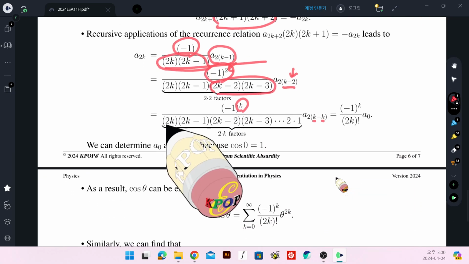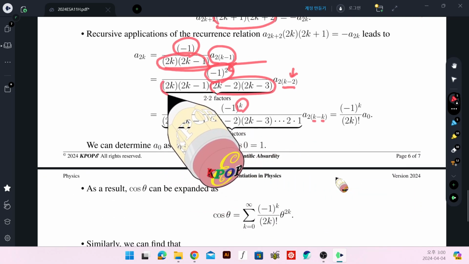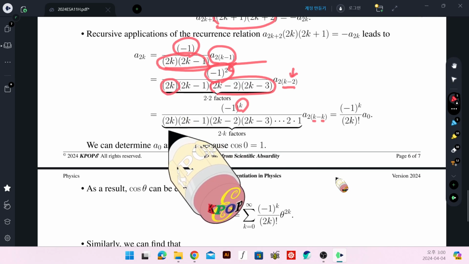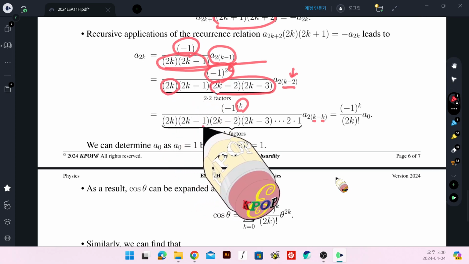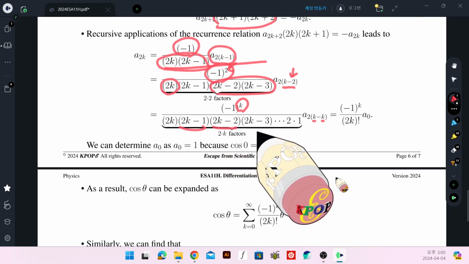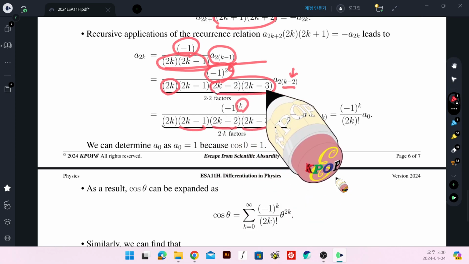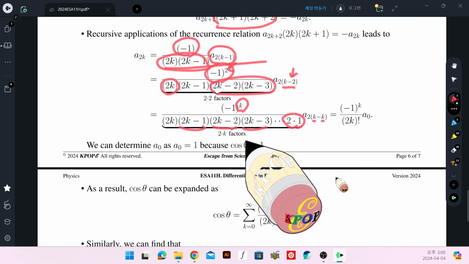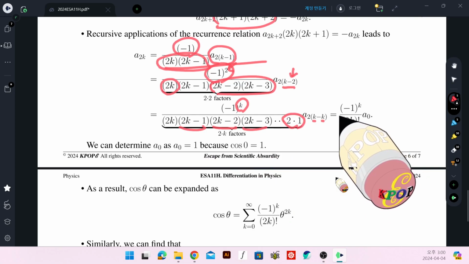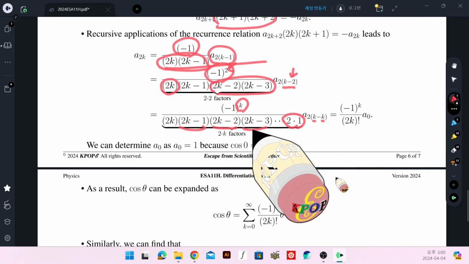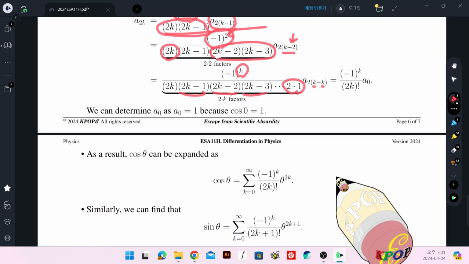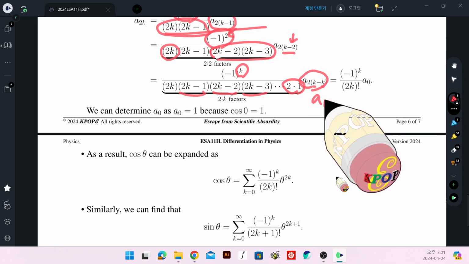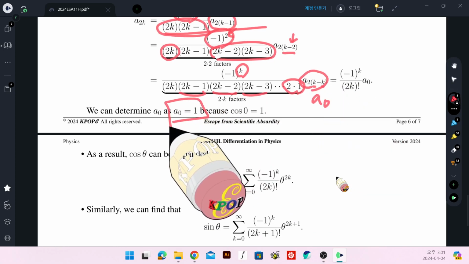And finally, the denominator begins with 2k and the factors decrease by 1 until the end. The last factor is 2 times 1. And we know this is 2k factorial. Finally, this is a 0 that we know is 1.